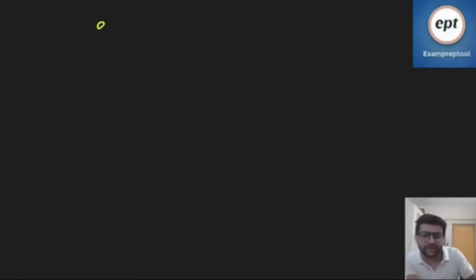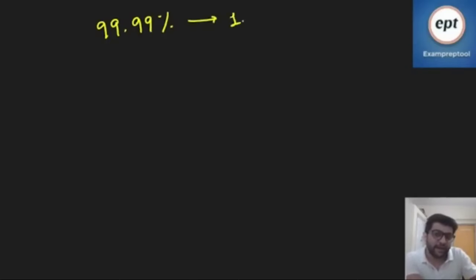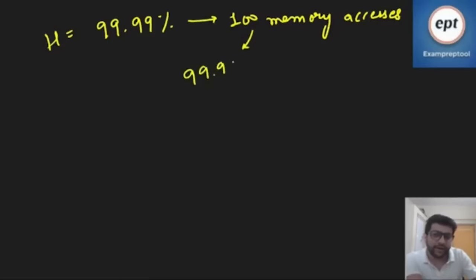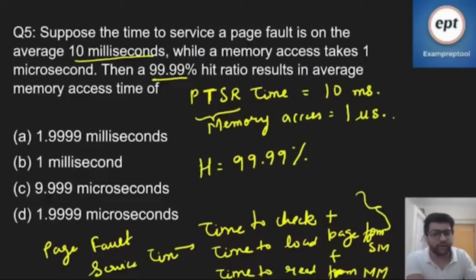So let's say the hit ratio is 99.99%, right? And we were having 100 memory accesses. So if we have a hit ratio of 99.99, it means that out of these 100 times, 99.99 times, how much time did it take to get the page?